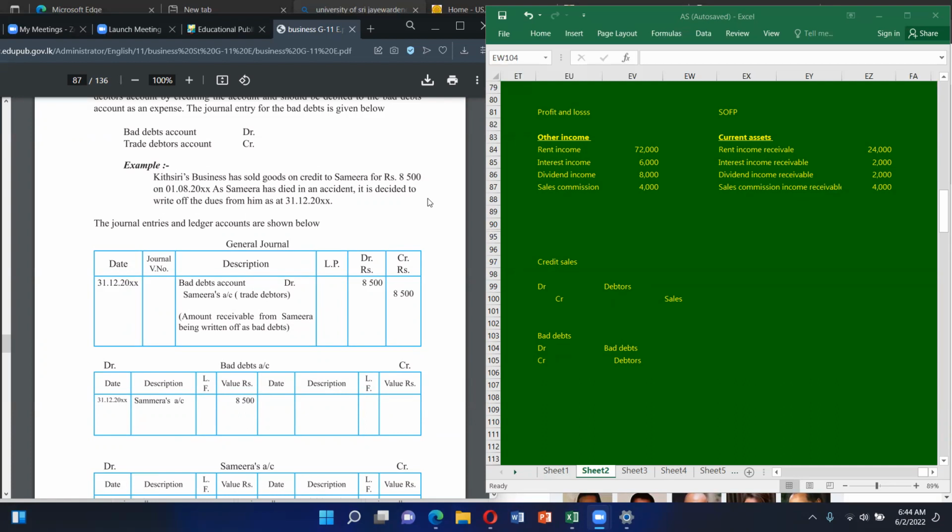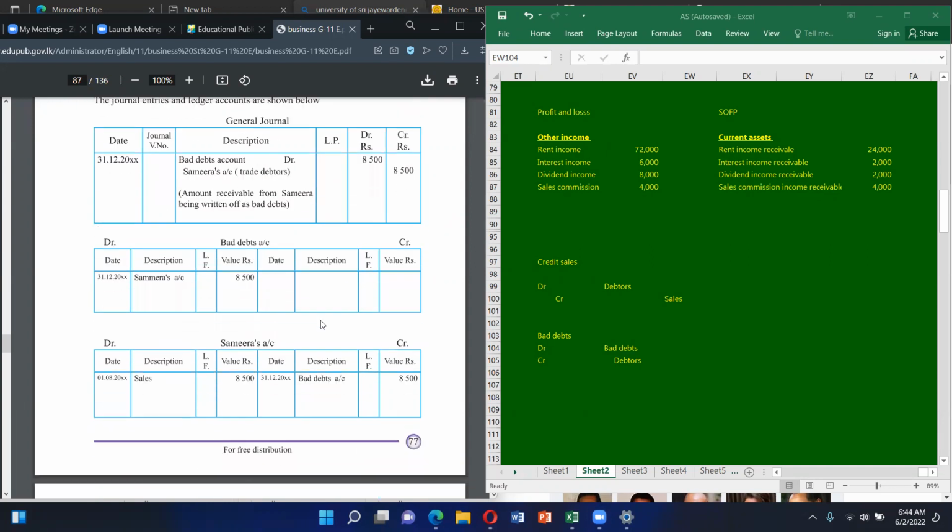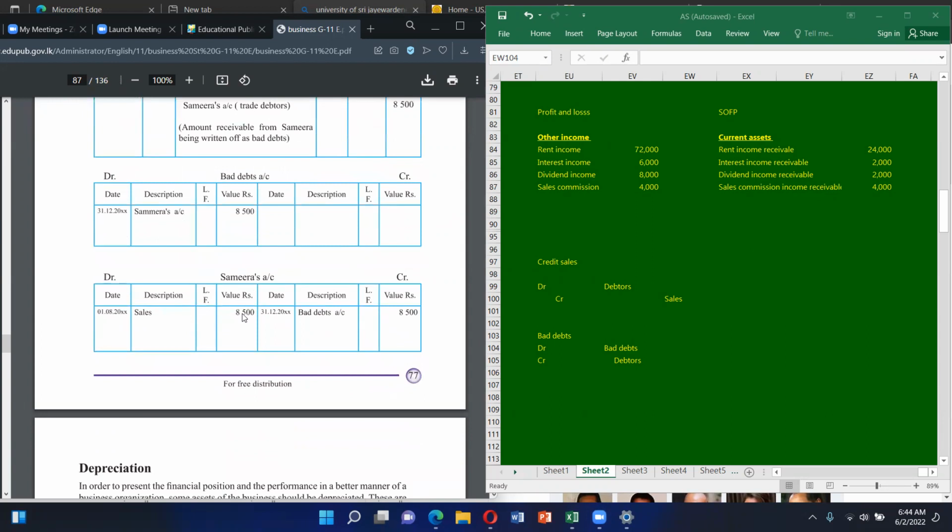The journal entries and ledger accounts are shown below. So the double entry: debit bad debts 8,500 and credit Samira 8,500. In Samira's account, you have the original balance that came from credit sales, 8,500, and that needs to be credited, so you don't have any closing balance.